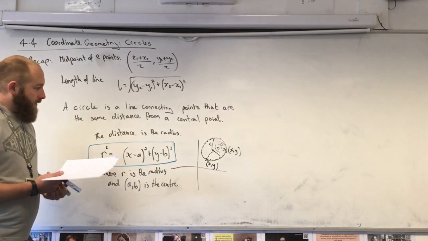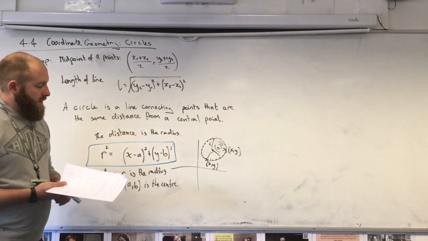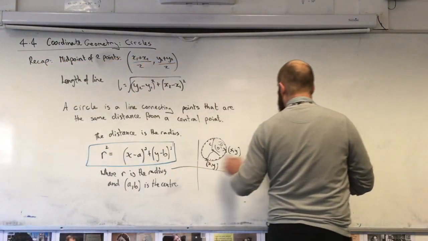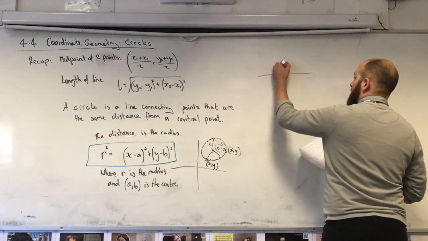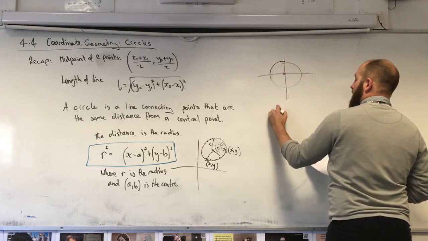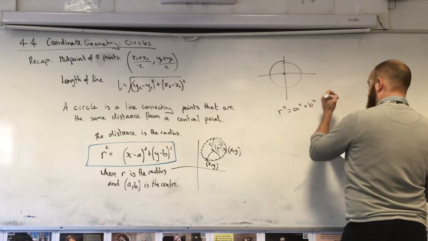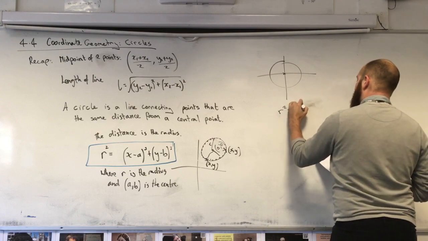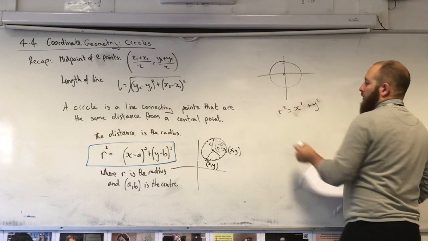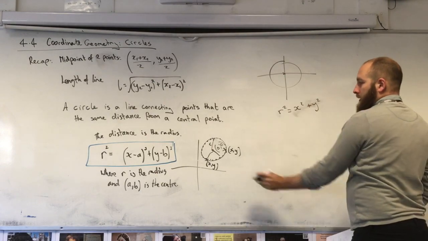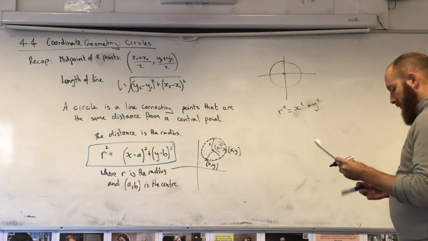So for a really basic circle that has its centre on the origin, you get r squared equals x squared plus y squared, because a and b are 0, so the equation gets a bit more simple.